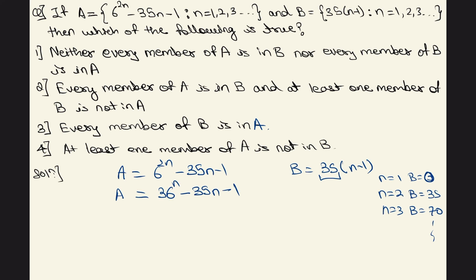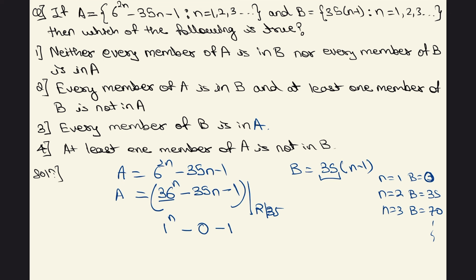In A's case, let's check if there is a multiple of 35 existing. If we use the remainder theorem here for 35, 36 to the power n divided by 35 will give me 1 to the power n in remainder form, which is basically 1. 35n is divisible, so it will not give me a remainder.